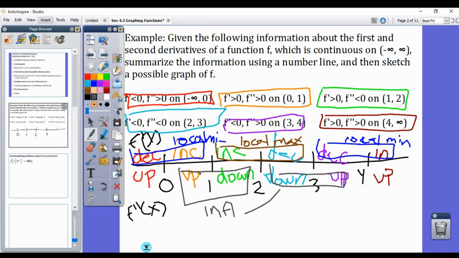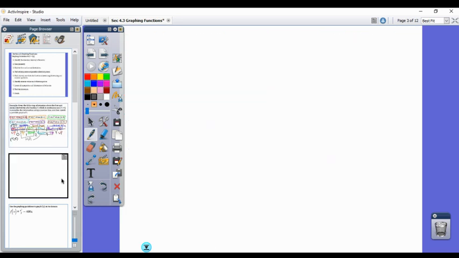Okay. Oh, all right. It's thinking. Oh, okay, it did work. Good. All right. So let's go to the next page. Okay, so I'm gonna draw my graph.